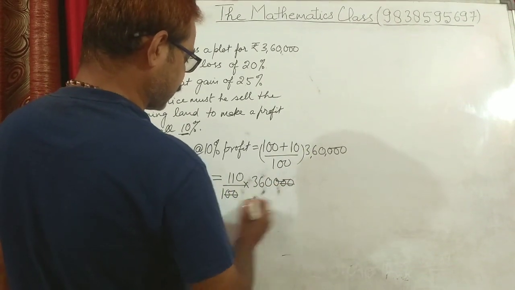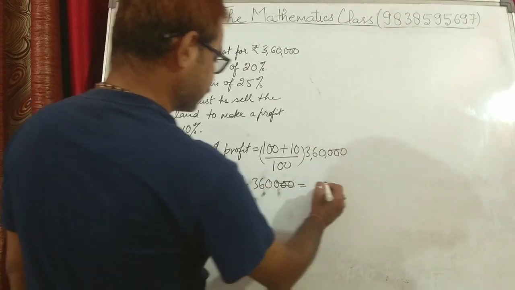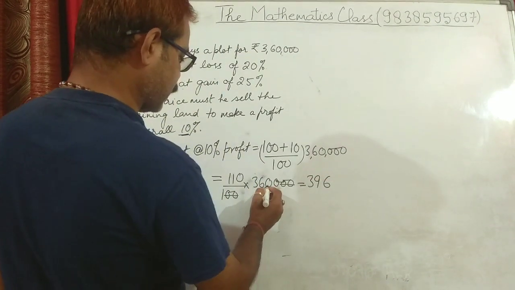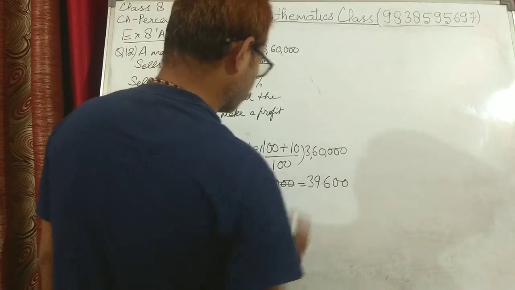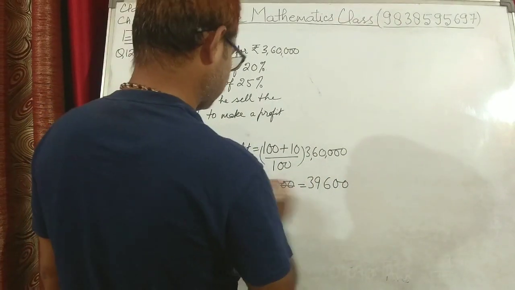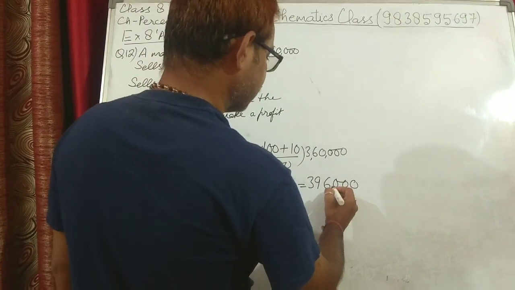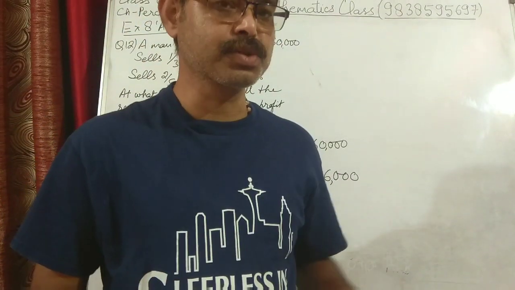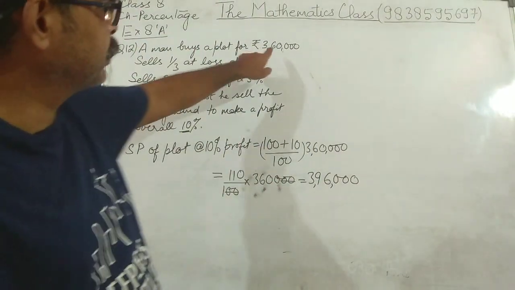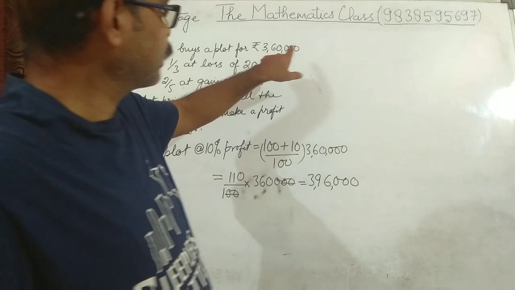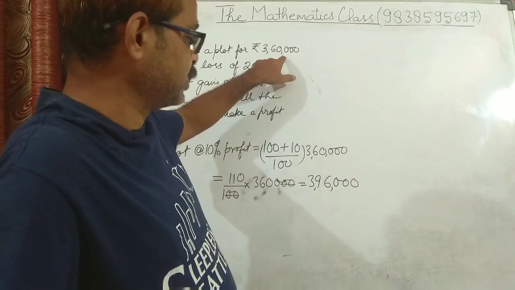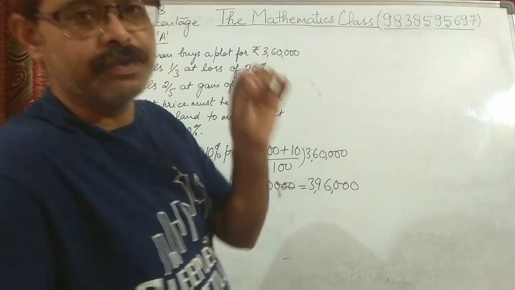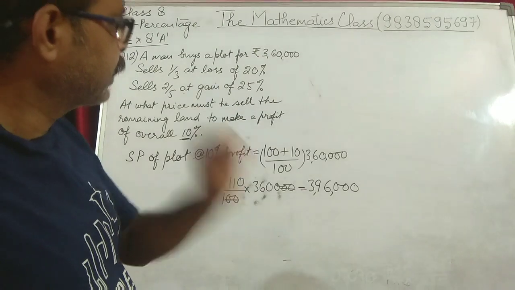Two zeros, two zeros cancel. So 11 sixes are 66, 11 threes are 33 and 6 is 39. That is 396, and then the three zeros. It means he requires 3,96,000. He needs to sell his plot, which he purchased for rupees 3,60,000, for rupees 3,96,000 to earn a profit of 10%.